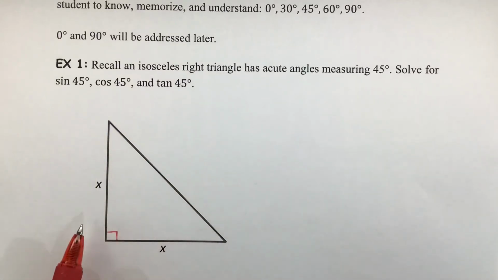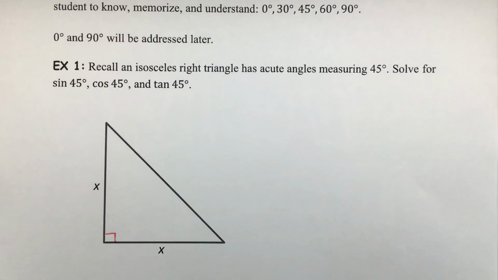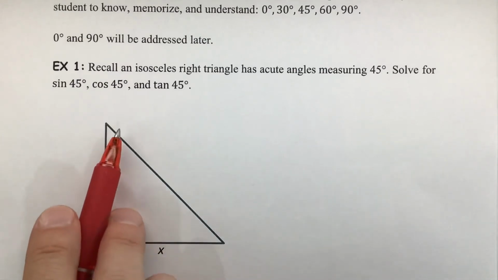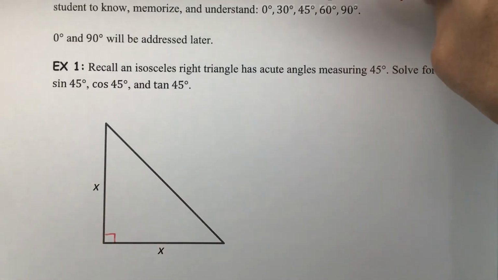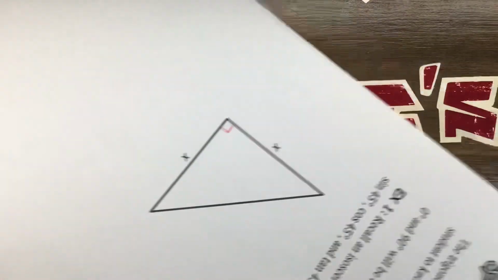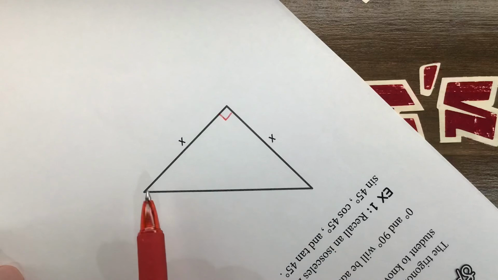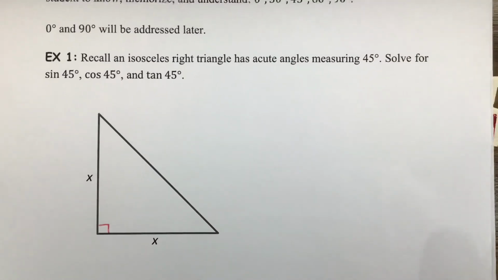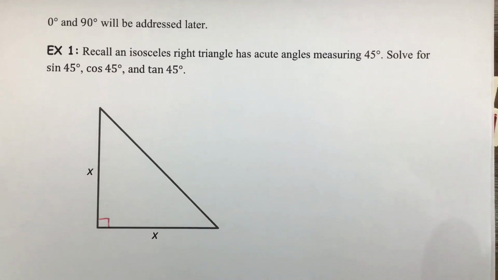These are the leg lengths, which I'll be referring to as x for this one, because it doesn't really matter what actual numbers they are, except that they are the same as each other. This is an isosceles right triangle because these two sides are congruent. So that would be the base. Typically, an isosceles right triangle would be positioned like this. That means that your right angle is the vertex, but we're going to be looking at it from this perspective.